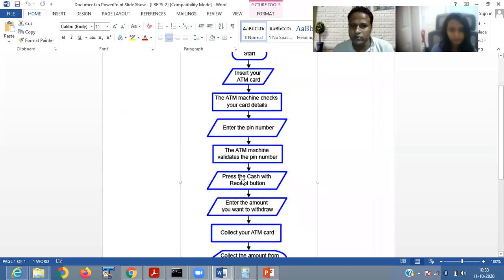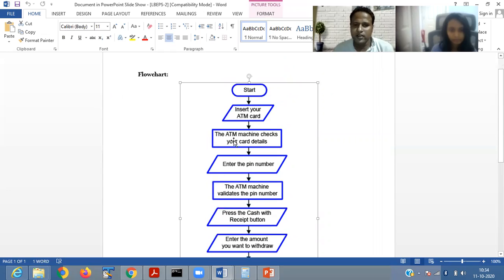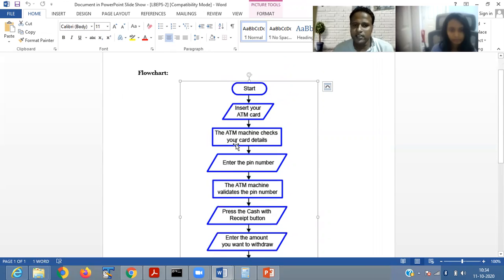Now we use an input box, which is used to insert the ATM card, meaning first we give it to the ATM machine. Then the ATM machine checks your card details, whether your ATM card is valid or not.